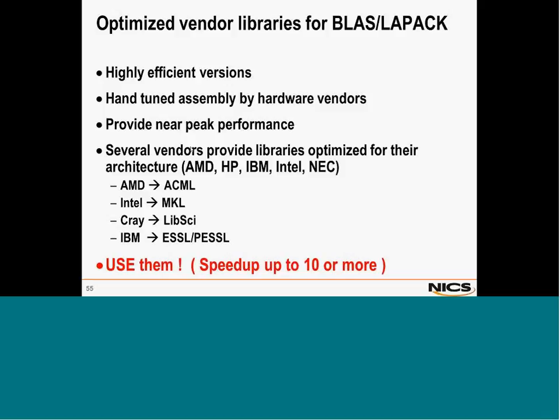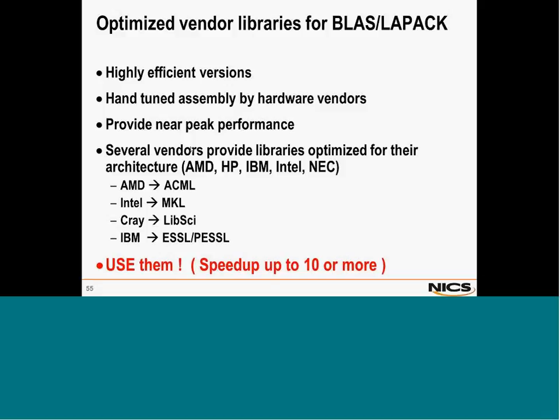There may be one or two routines contained in MKL, for example, that are faster than LibSci, but in general, on the Cray machine, you want to use Cray LibSci because Cray has optimized that. Similarly, for different machines, for example, for Nautilus, MKL is the best. You probably don't want to use LibSci on that machine.